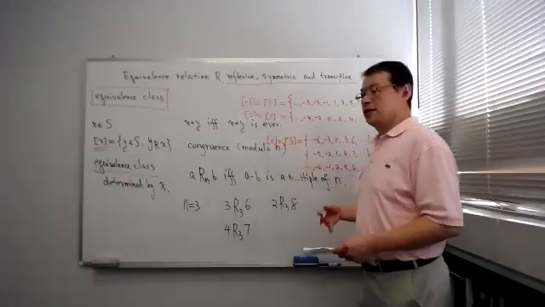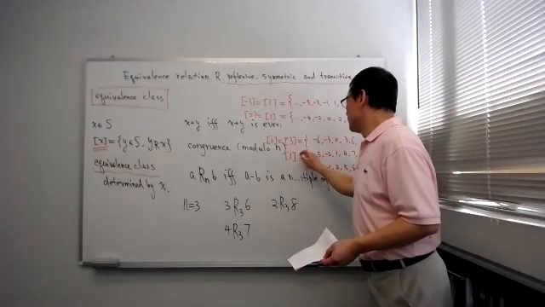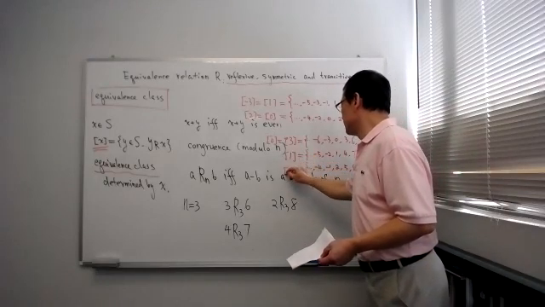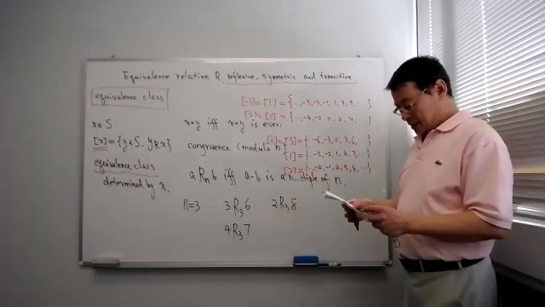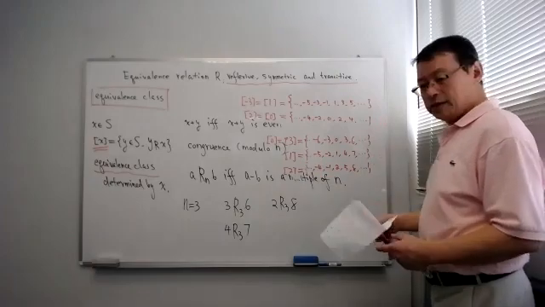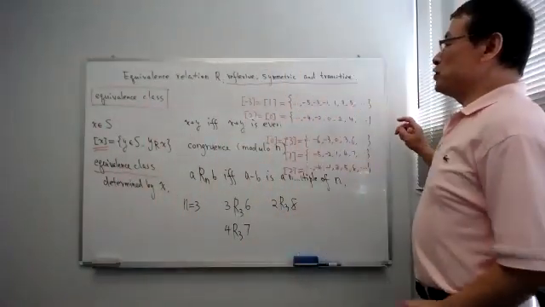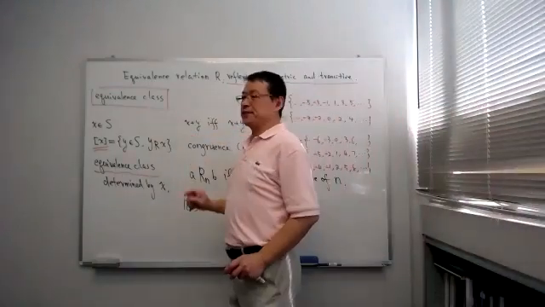This gives us equivalence classes: here maybe 1, here 2, and so on. So from an equivalence relation, we have such equivalence classes.